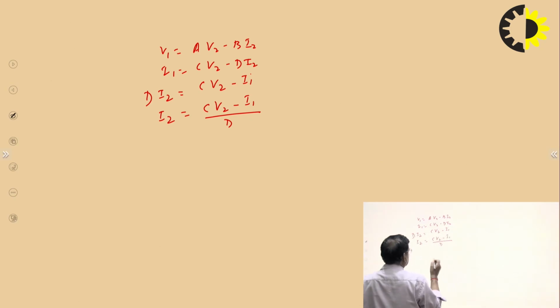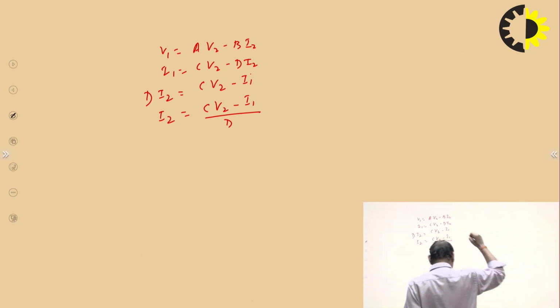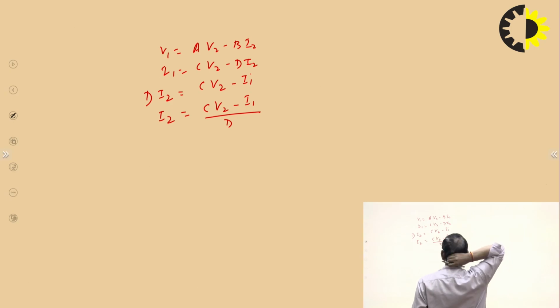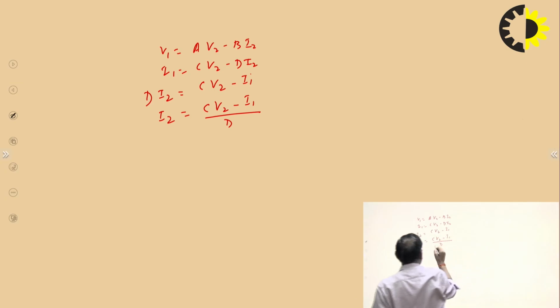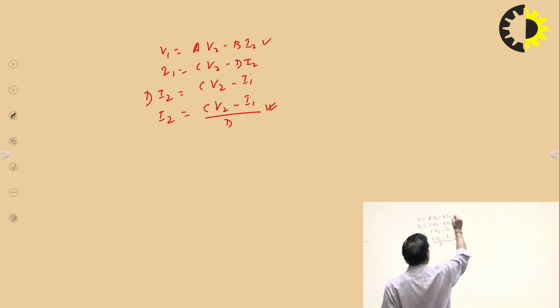So you are trying to find V2 upon V1. So here is V2, here is V1. So put this I2 here.